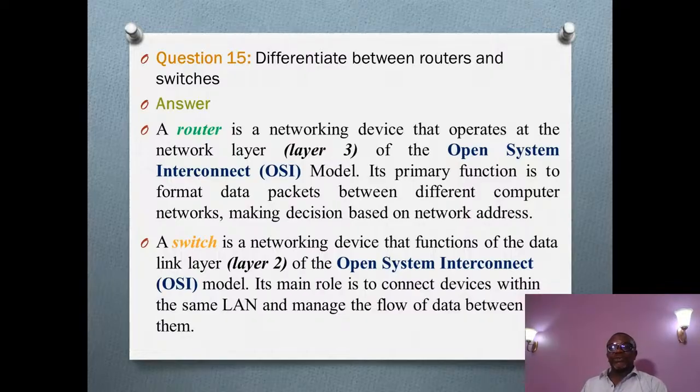Its main role is to connect devices within the same LAN and manage the flow of data between them. It is good for you to pick two major differences here. The router operates in layer 3, while the switch operates in layer 2. And the router connects different computers or different networks, while the switch controls only connections in a particular network, a local network.